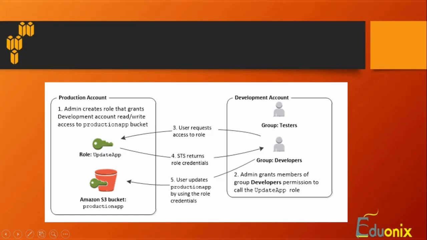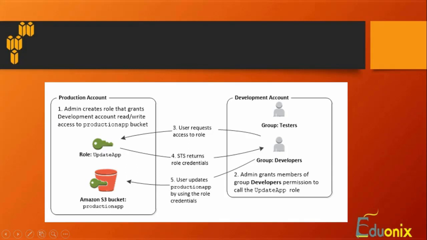Once we have defined the permission, and the developers are attached to this S3 bucket role, when they request to access this role, first it will ask for the credentials. The credentials will be returned to these users or developers. Once they have done that, the updates will be moved directly to your S3 bucket.